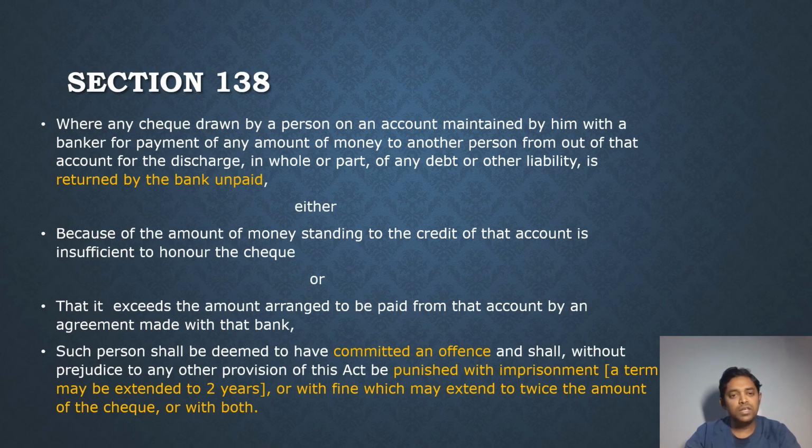It says: where any check drawn by a person on an account maintained by him with a banker for payment of any amount of money to another person from out of that account for the discharge in whole or part of any debt or other liability is returned by the bank unpaid, either because the amount of money standing to the credit of that account is insufficient to honor the check, that means insufficient funds in the account, or that it exceeds the amount arranged to be paid from that account by an agreement made with that bank.